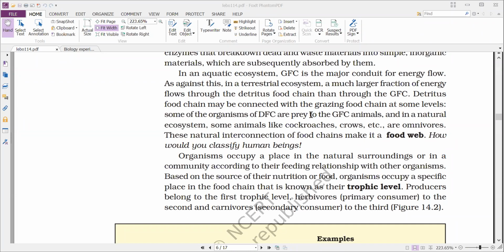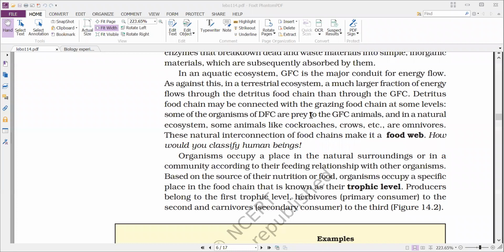So at this stage we can say there is some interaction between the detritus food chain and the grazing food chain. That is, the detritus food chain may be connected with the grazing food chain at some levels.